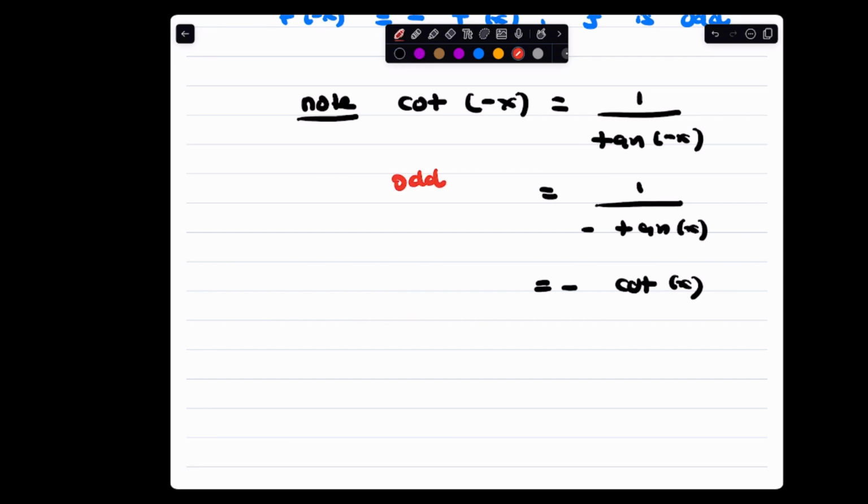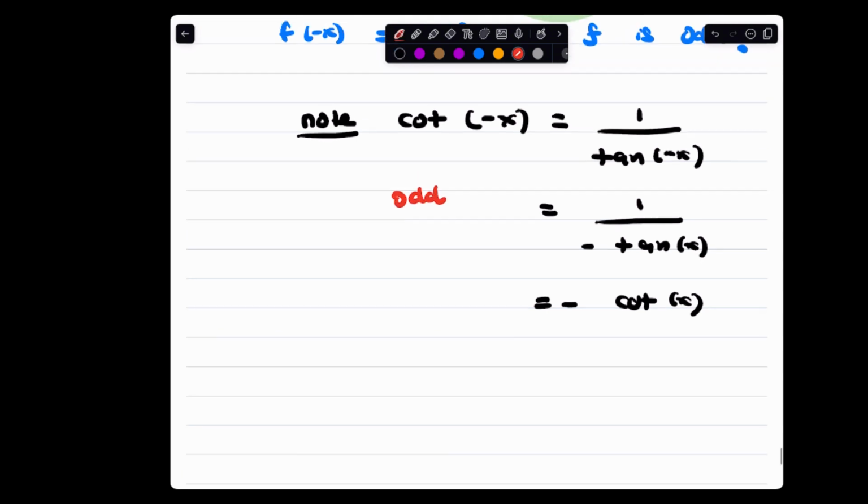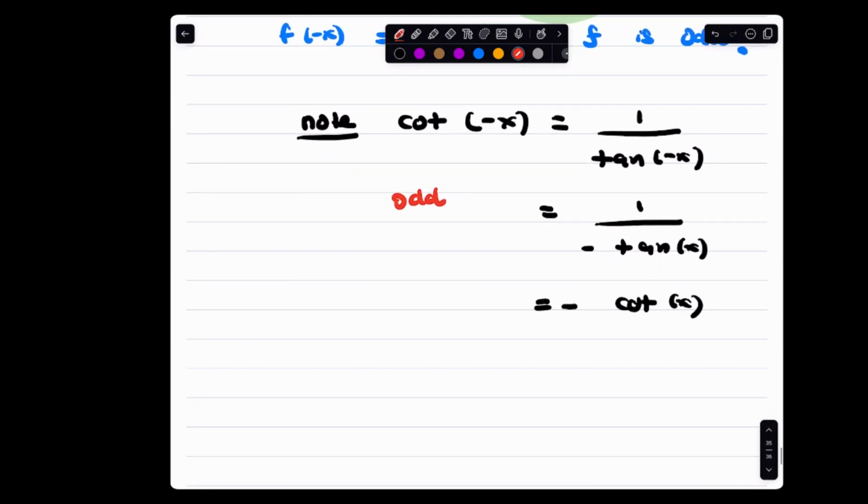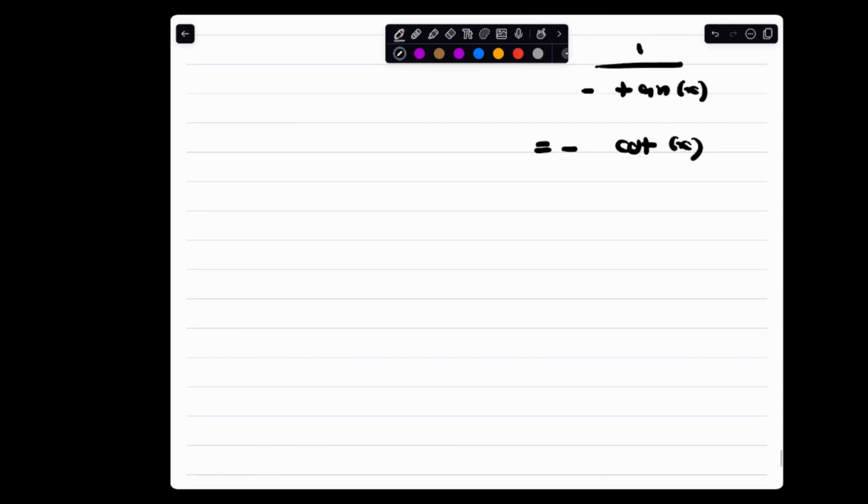We could do that with secant and cosecant as well, but here's what I want to note for you. If you know sine, cosine, and tangent are even or odd, it translates to the reciprocals too. You go, I don't think so. Well, what's secant?